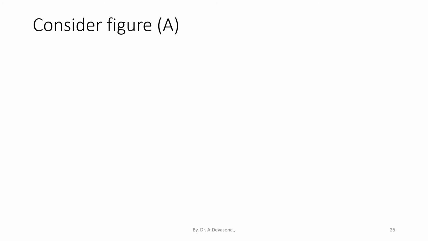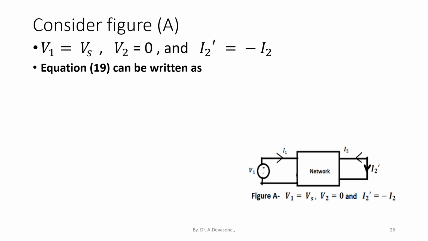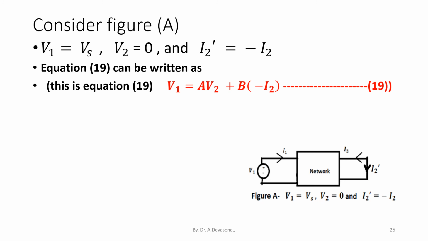Consider figure A, and this is the representation of figure A. Here we have considered that V1 is equal to Vs, V2 is equal to 0, that is output voltage V2 is short circuited, and I2 dash is equal to minus I2 because I2 dash and I2 are flowing in opposite directions. Therefore, equation 19 can be written as, this is our equation 19, V1 is equal to AV2 plus B into minus I2.